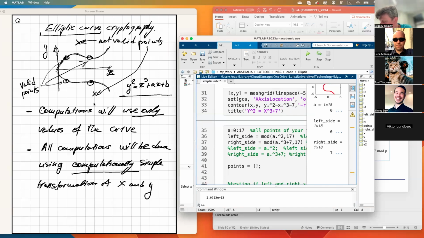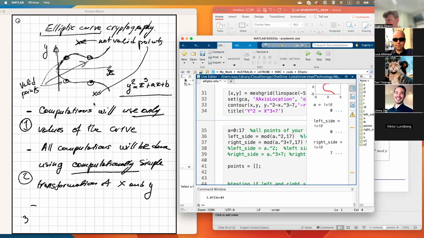So in addition to this requirement number one, that all valid points should be located on this curve. So let's enumerate them. We have another requirement, 3.